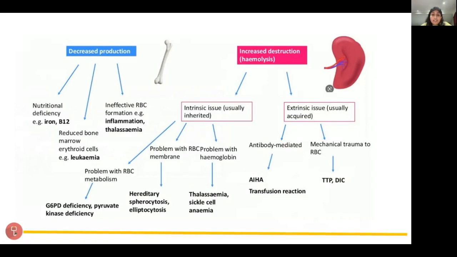And again, if you get incompatible transfusion reactions, which are very serious, then your red blood cells will get destroyed very quickly. And then also we've got TTP and DIC, which can basically cause mechanical trauma to your red blood cells and cause them to just shear within your blood vessels and get destroyed. So yeah.